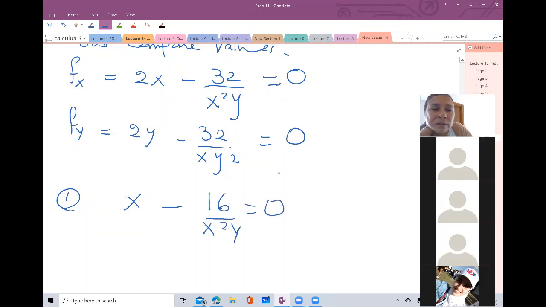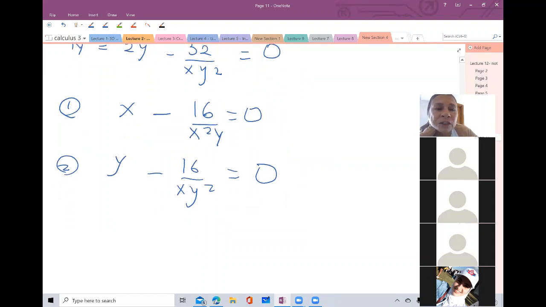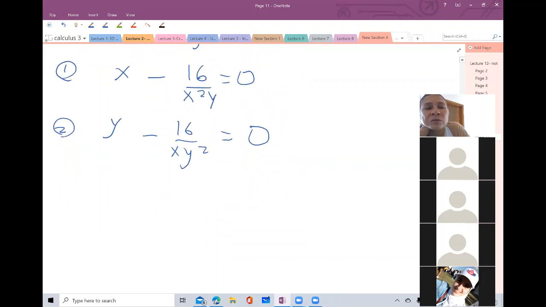Don't get rid of the variables, I need them. Equation 2: y equals 16 over x y squared. So I have these two equations. I could rewrite it like this to get x cubed y equals 16. I should have mentioned something, by the way, before I divided by x and y.